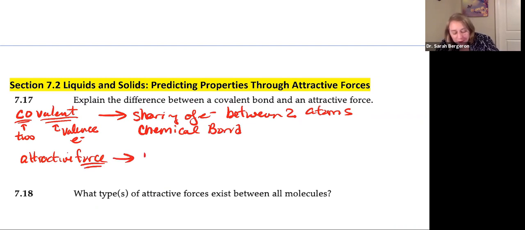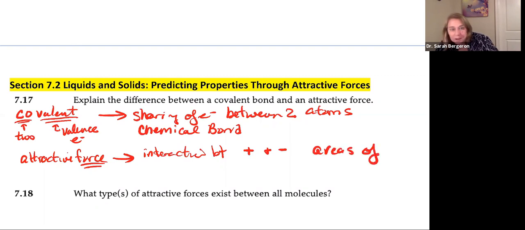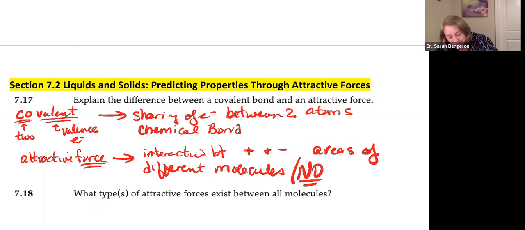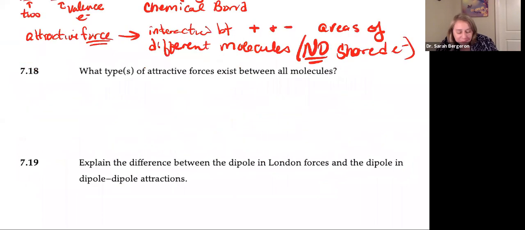So this is an interaction between positive and negative areas of different molecules. So this is no shared electrons, right? So be careful that you understand the difference between that, okay?